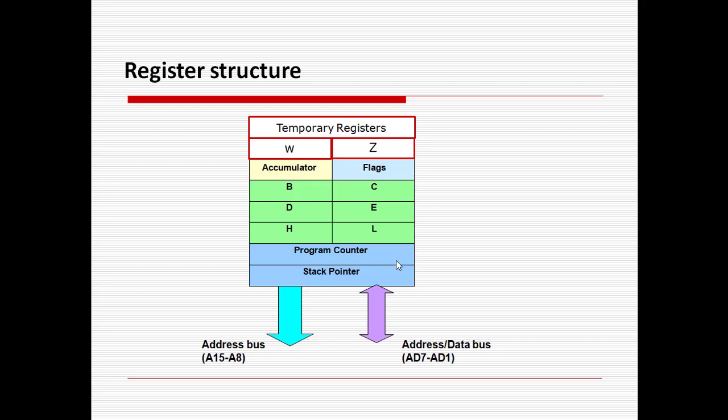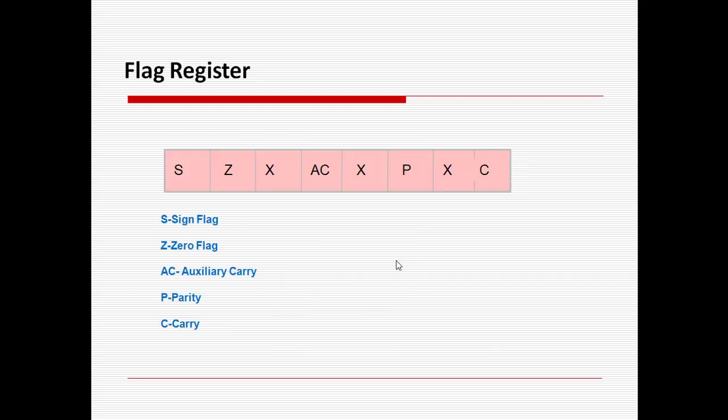Then, this is the flag register. The flag register consists of 5 flags: sign, zero, auxiliary carry, parity and carry. The sign flag indicates, after any arithmetical and logical operation, whether the number is positive or negative. If the number is positive, the sign flag is reset, meaning 0.